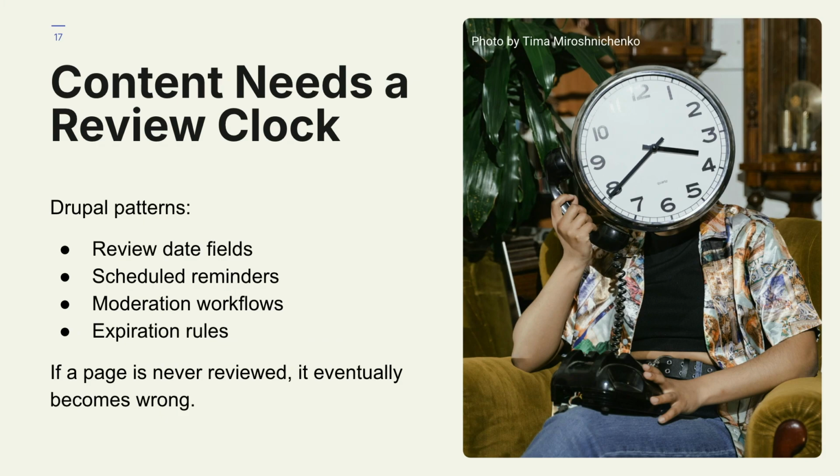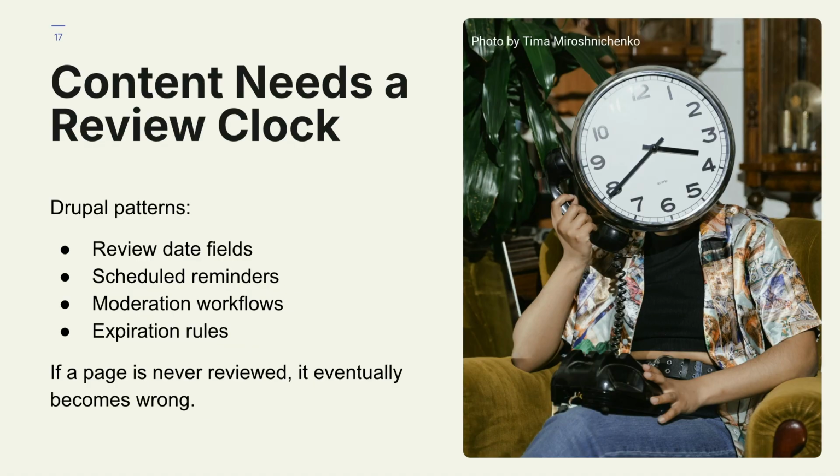All right. Those of you who do content governance know that having a review cadence is really foundational to actually having a process behind content reviews. So I really see one of the higher value patterns as the review clock. And we can do this in Drupal by using revision data, setting review expectations.